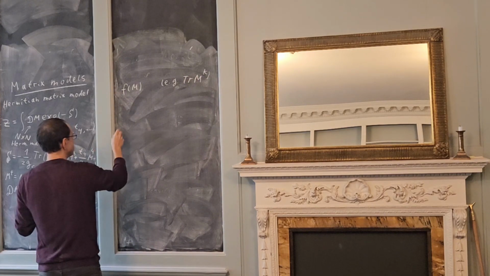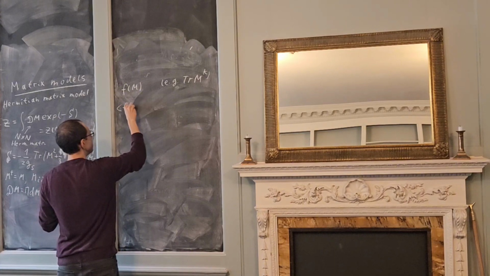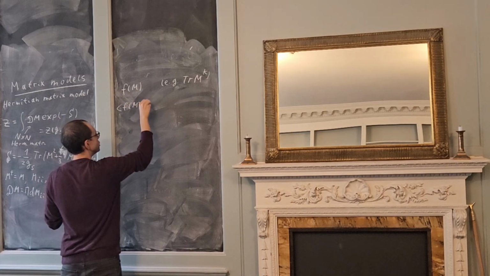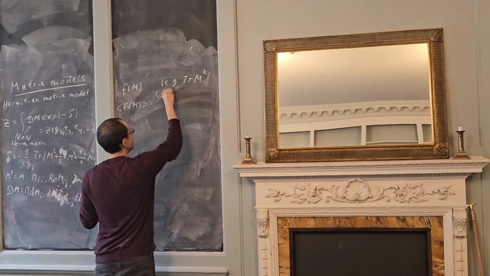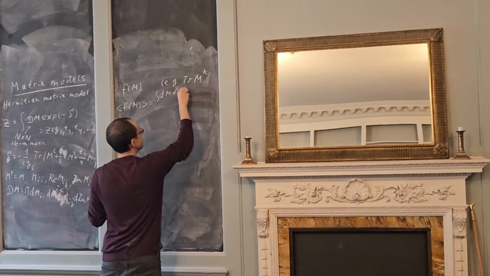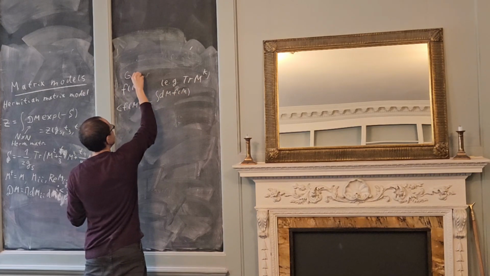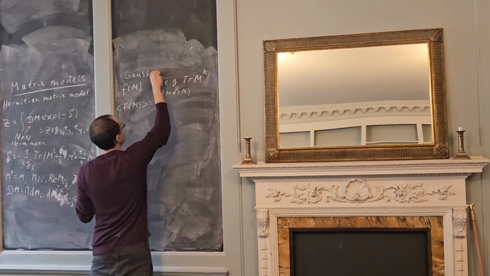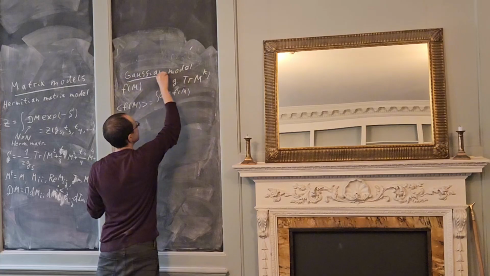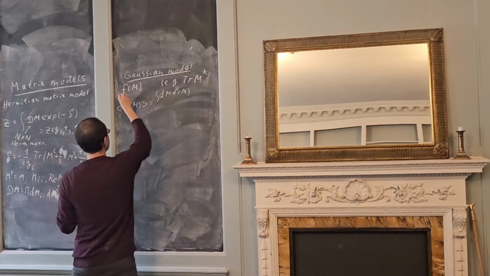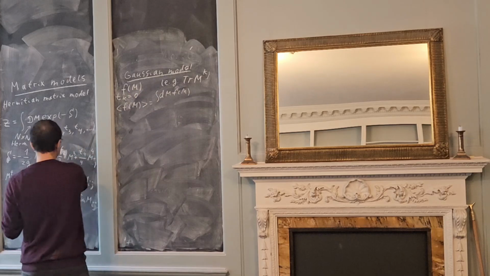So we are interested in its expectation value, which is just the integral dM f of M. Let's specialize to the Gaussian model first, where we don't have any couplings. We have just the free term trace M squared.